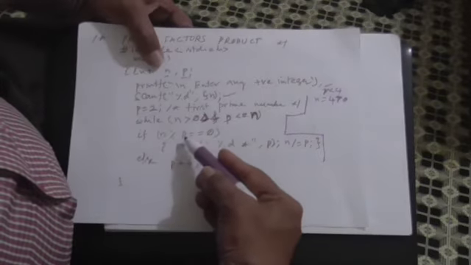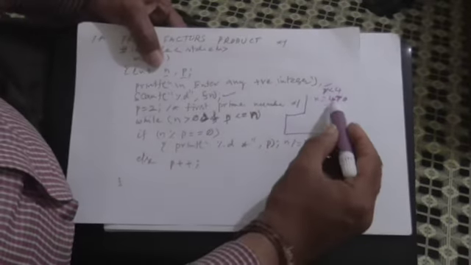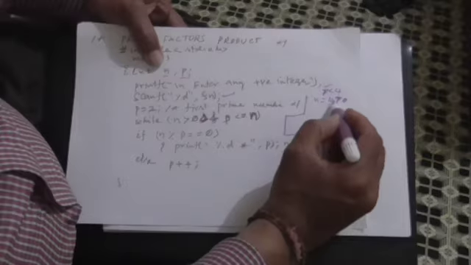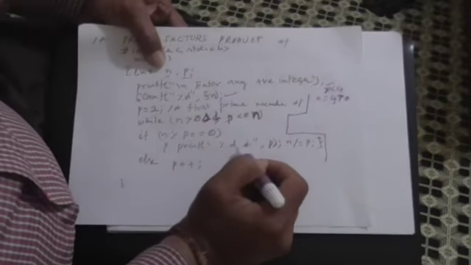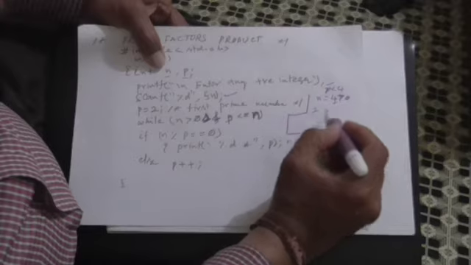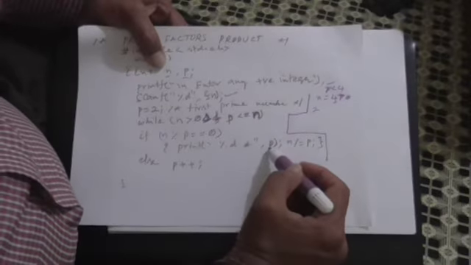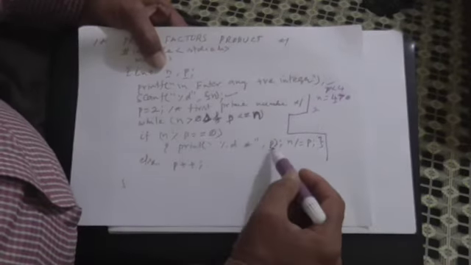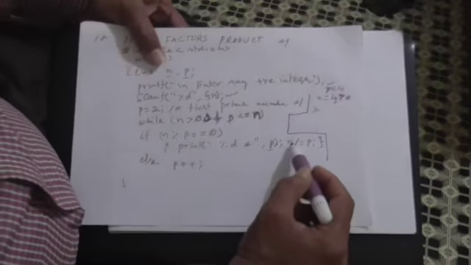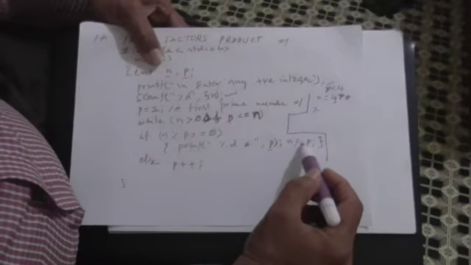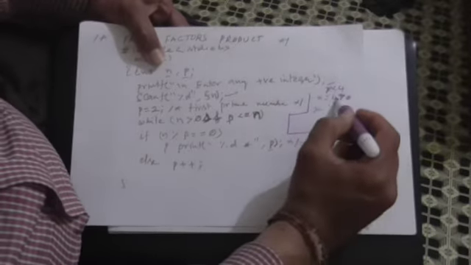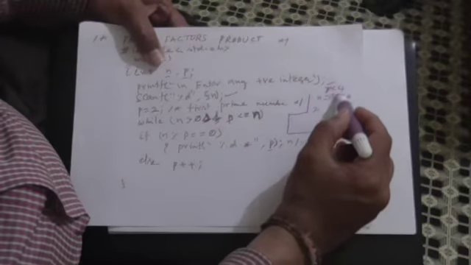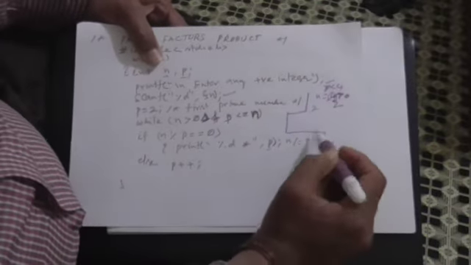It checks if n mod p, so n is 4 and p is 2, so it is 0, then printf %d this into, so this 2 is printed because the value of p is 2 now. And we have written n is divided by p. So the new value of n will be 4 divided by 2. The new value of n will be 2.